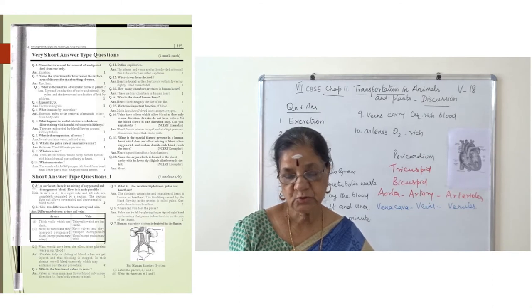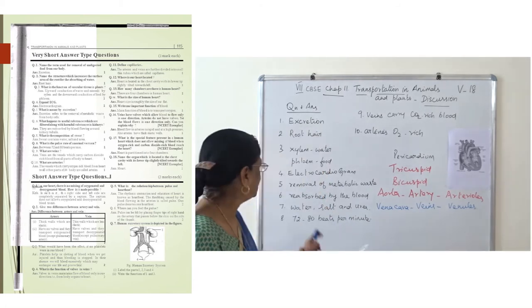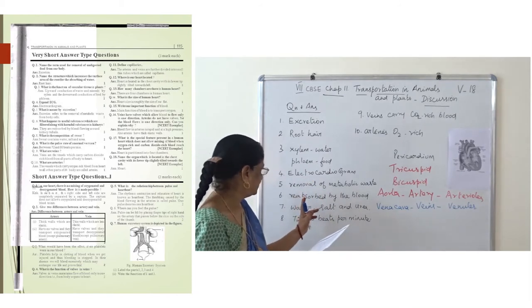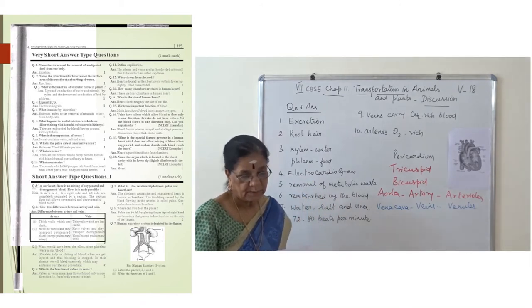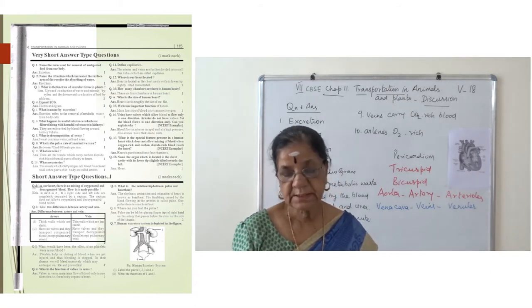What happens to the useful substances which are filtered along with harmful substances in the kidney? They are reabsorbed by the blood flowing around the kidney tubules.